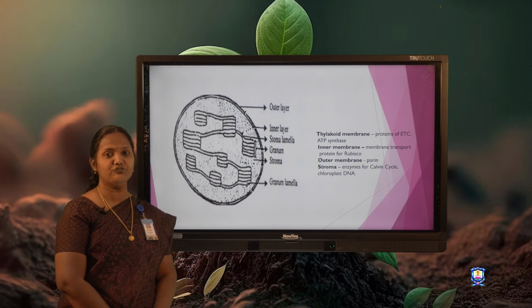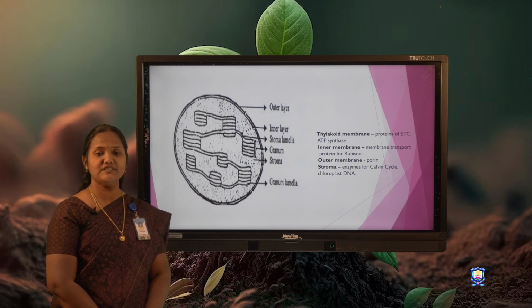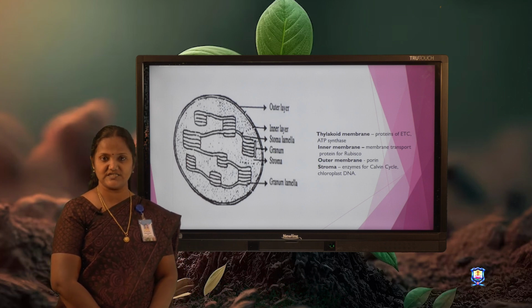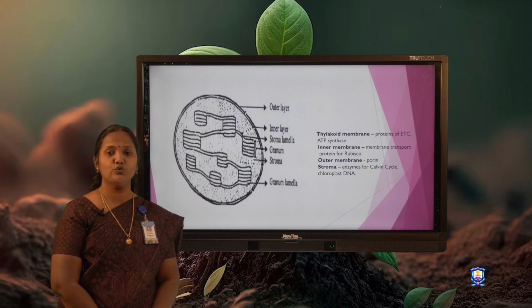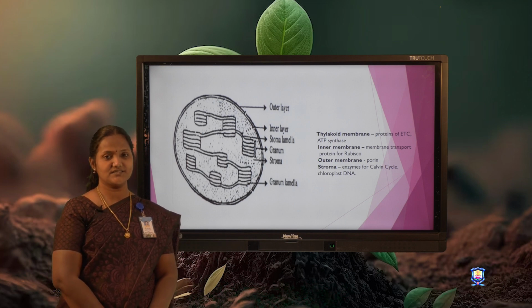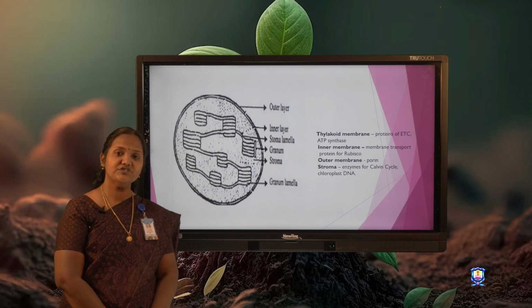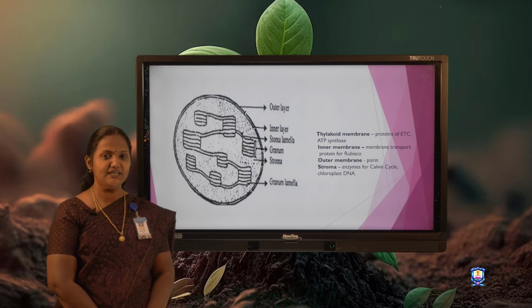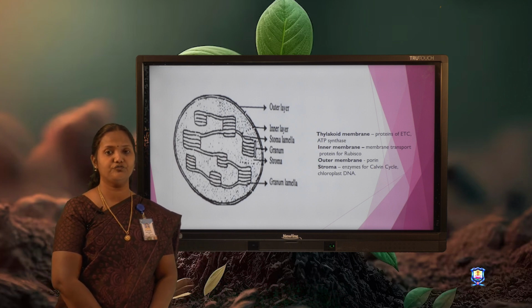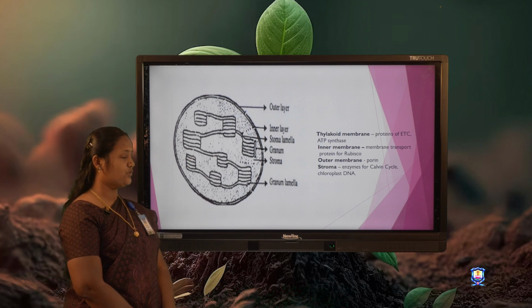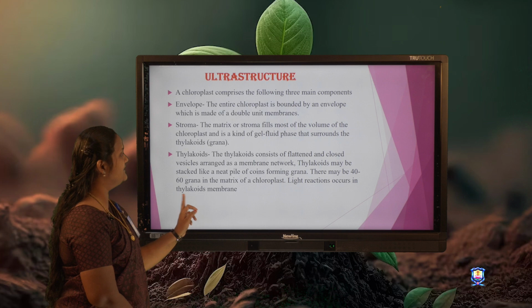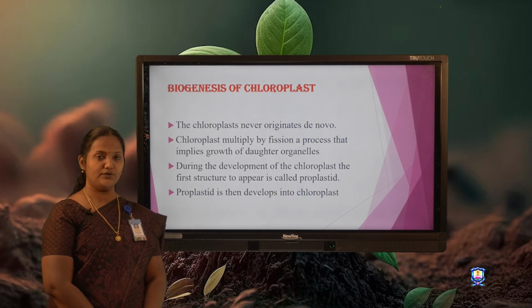There are 2 types of photosystem placed here: photosystem 1 and photosystem 2. Photosystem 1 has a large amount of chlorophyll A pigment and fewer accessory pigments. But photosystem 2 has a minimum level of chlorophyll A and many accessory pigments. So finally the light reaction and then the dark reaction occur.